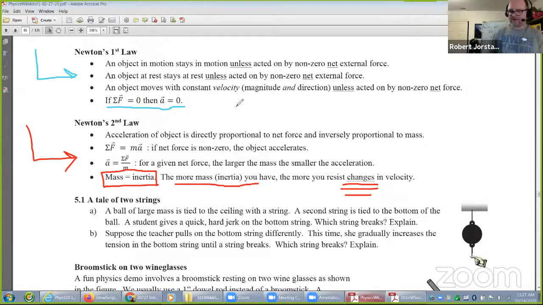Alternatively, if you have no force, you have no acceleration. Now, I should be clear, I mean no net force. That's an important word. So you could have forces acting on you, but you can't have a net force acting on you. No net force.